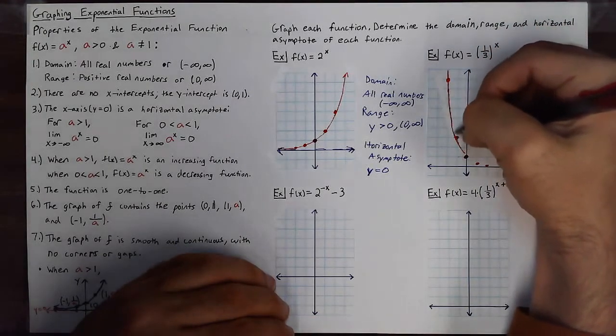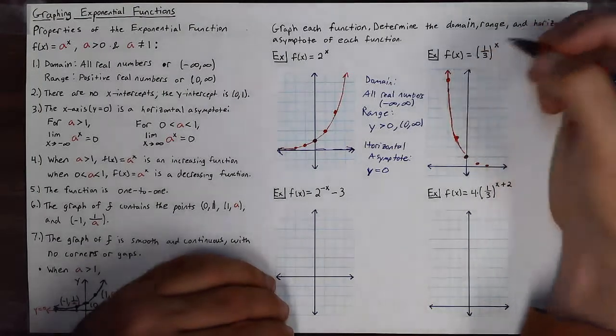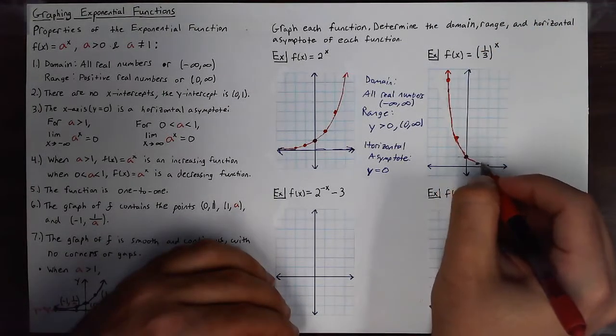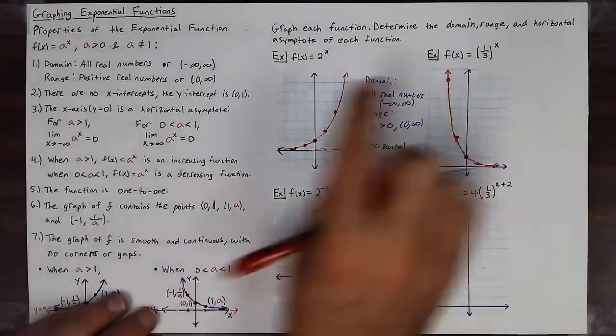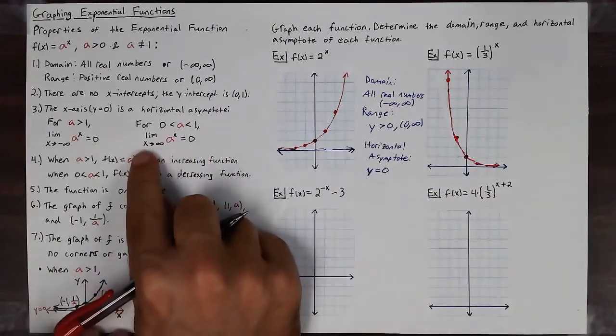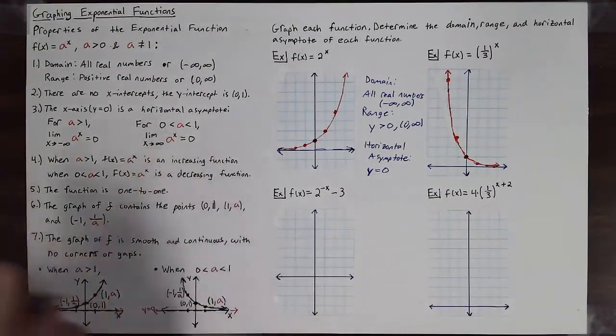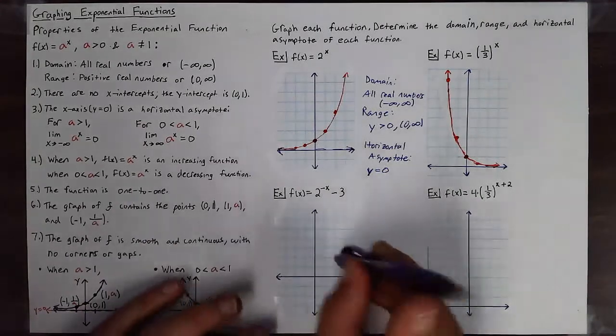So you can even see it's definitely even steeper than I initially thought. And then it still flattens out to 0. But in this case, since a is less than 1, when it flattens out to 0, it's for positive x values, as x goes to infinity instead. But the horizontal asymptote would still be at y equals 0.